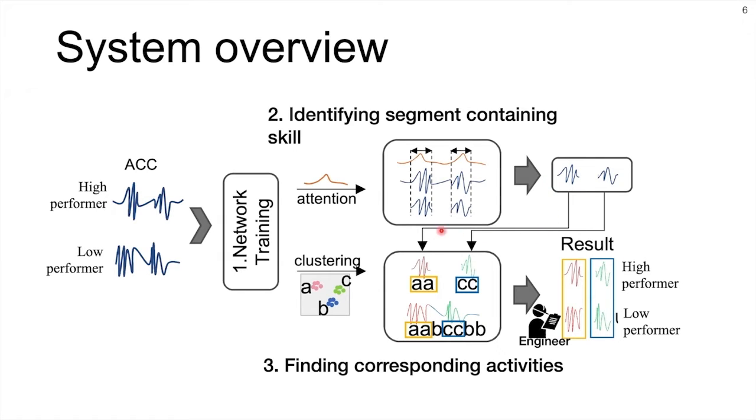And for each candidate, we find corresponding activities on the other worker by using the clustering result of the latent representations of the network. The output is the pairwise sensor data segments, which will be sent to the industrial engineers for further skill identification.